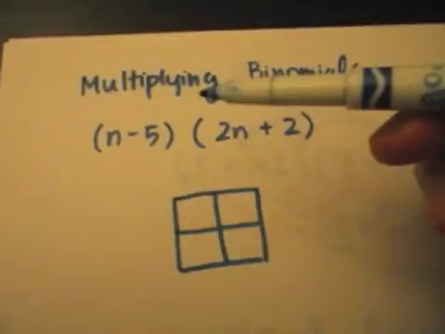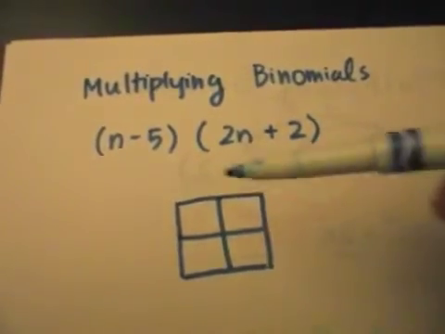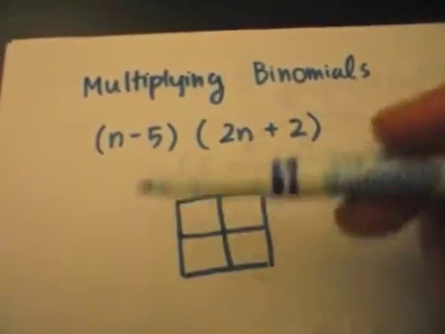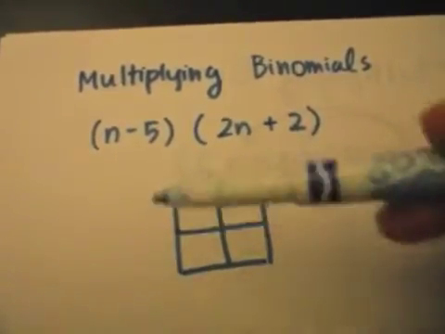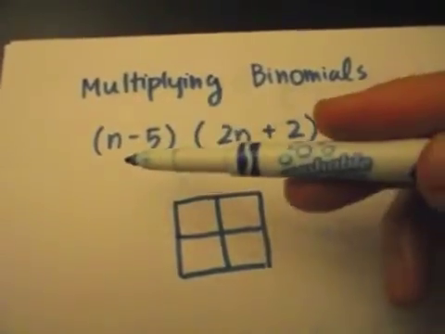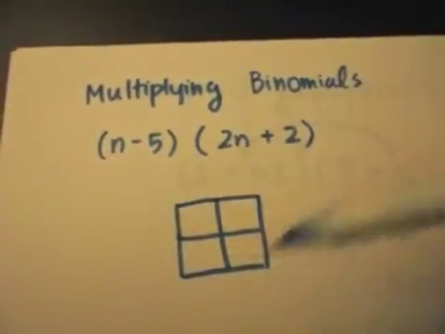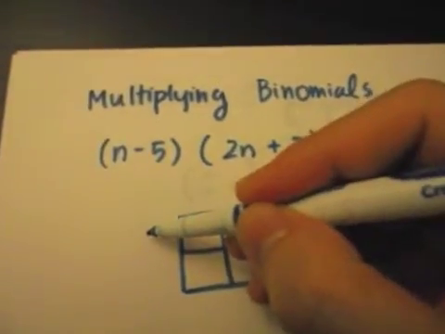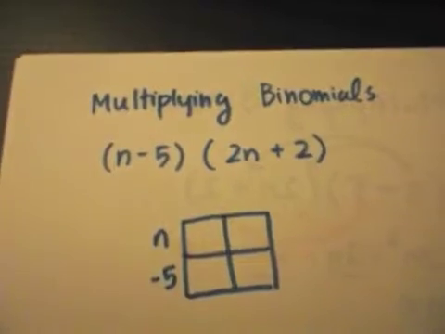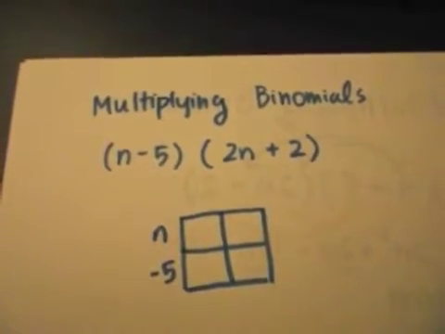After you get the dimensions of your box, you're going to fill in the terms on the outside space of the box. The n minus 5, that was how tall the box is, so I'm going to fill it in on the side. It's 2 terms tall.